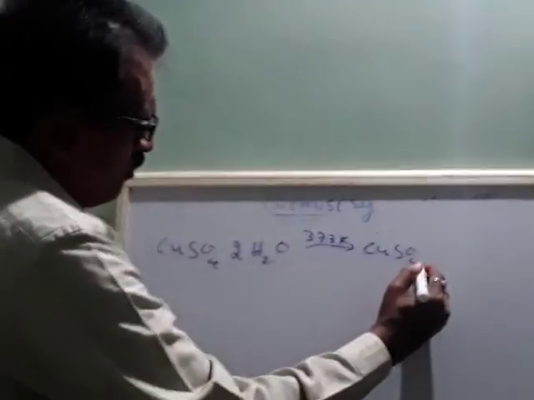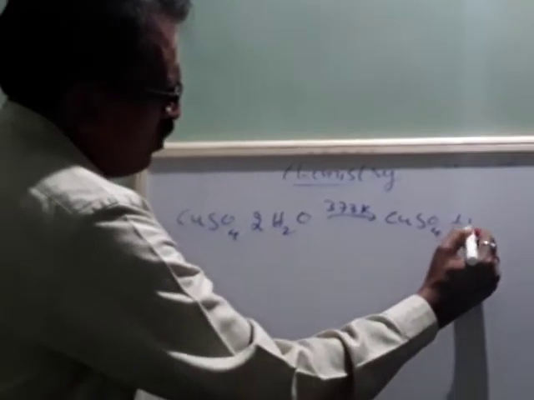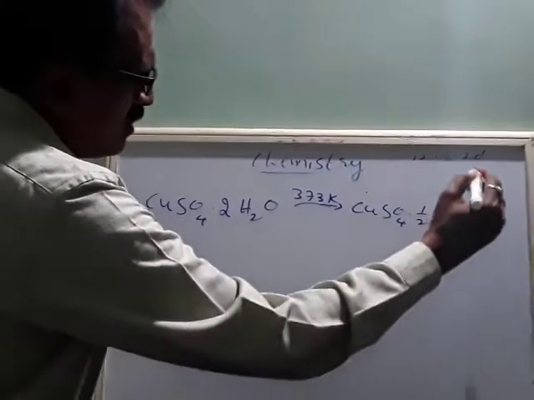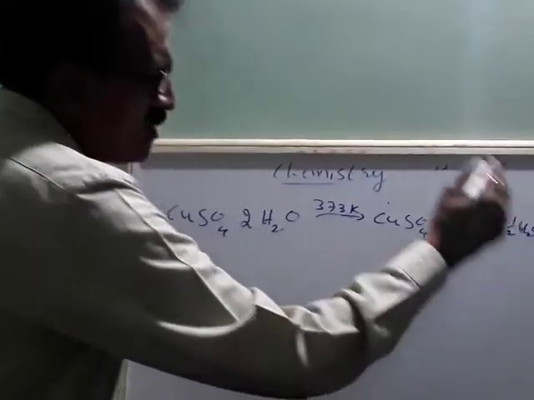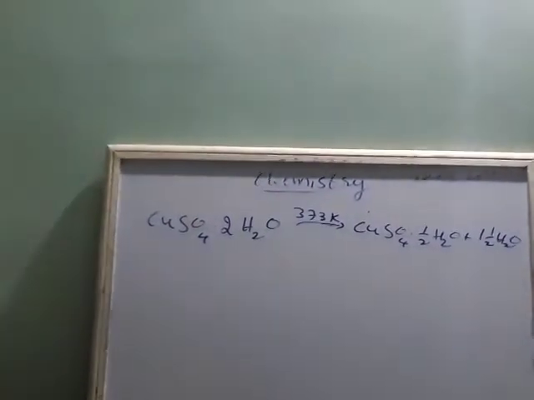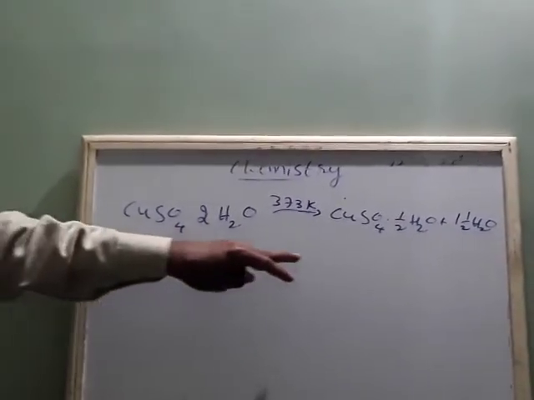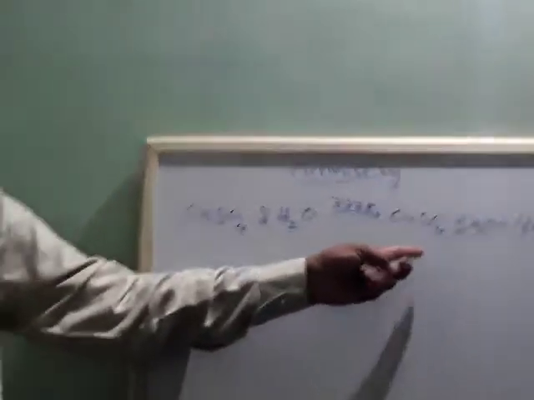CuSO4 half H2O plus 1 and a half H2O. This becomes like this. Here, this is actually called copper sulfate hemihydrate.